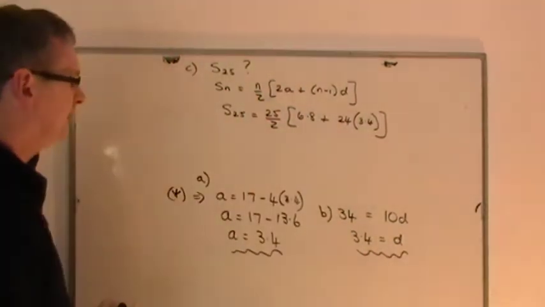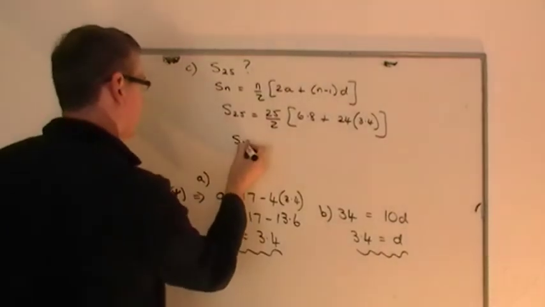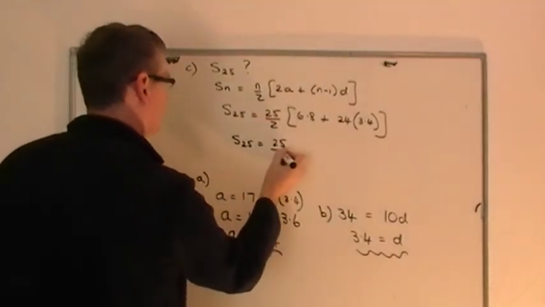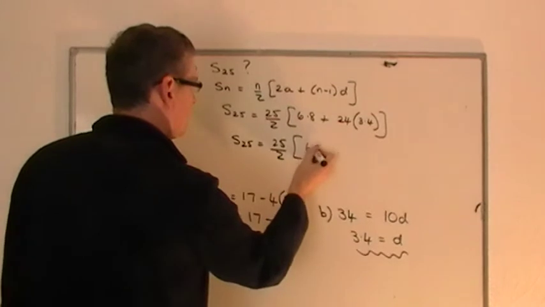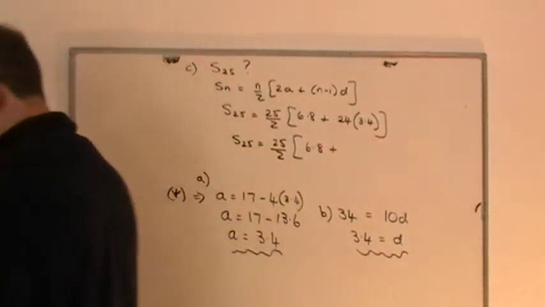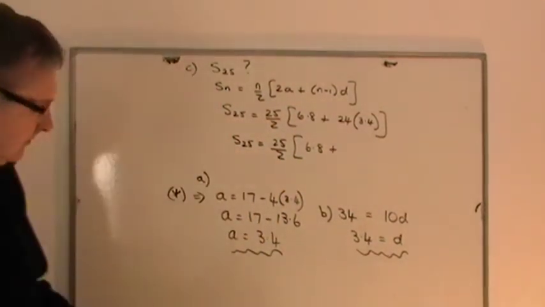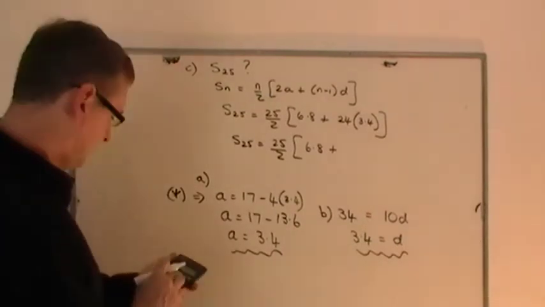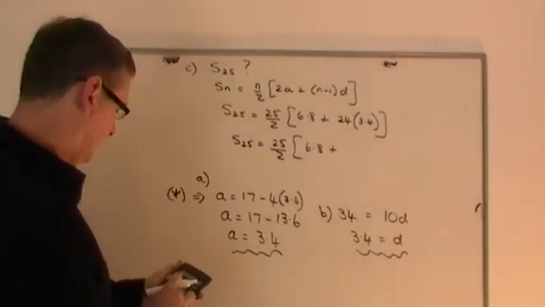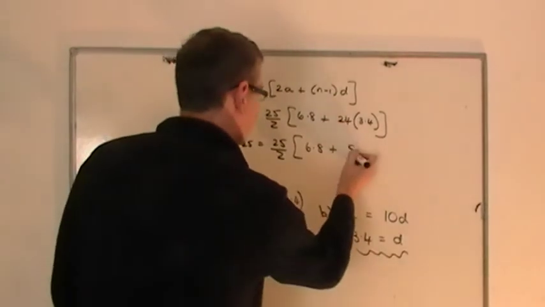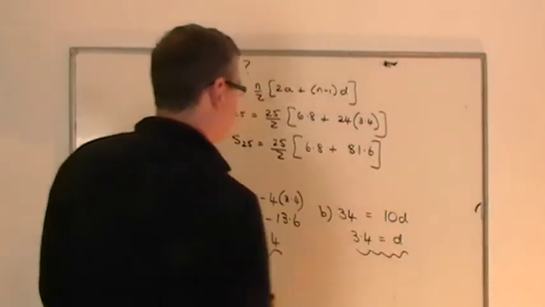So that's the calculation you've got to work out. So S25 is 25 over 2, bracket 6.8 plus, now we can reach for a calculator. Okay, so 24 times 3.4 turns out to be 81.6, like so.